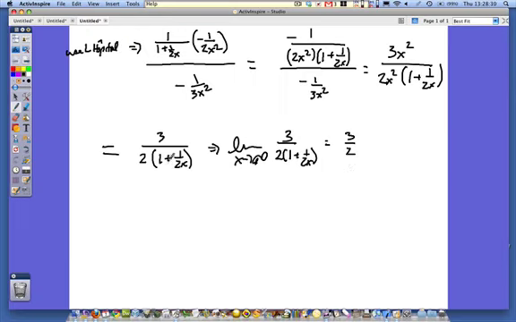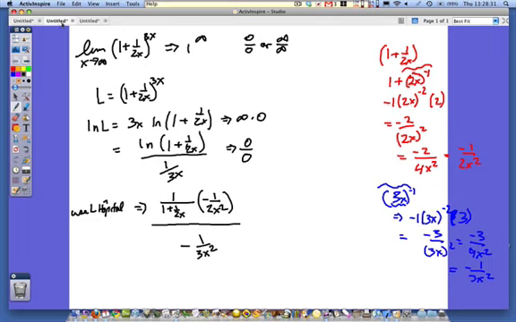Okay, now if you remember, when we first started, we said let's let L be this function. And then we took the log of both sides.